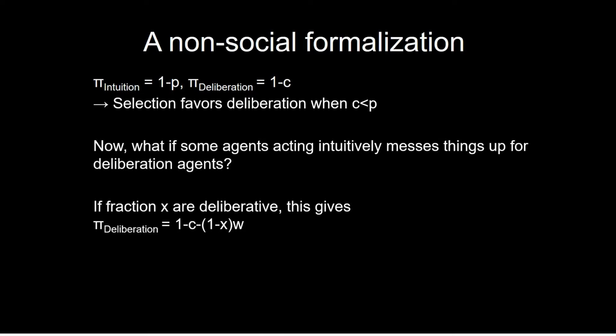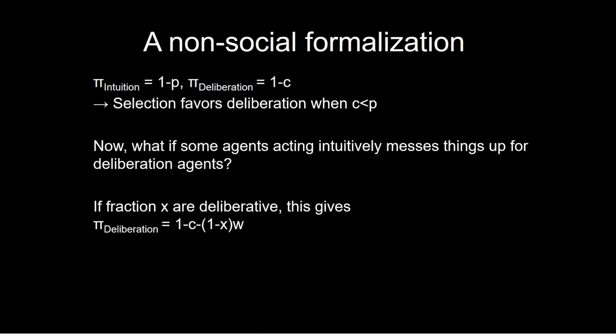So if we say the fraction x of the agents in the population are deliberative, then fraction 1 minus x are intuitive, and so w is just some parameter that parameterizes how much intuitive agents being around messes up things for deliberative agents. So if you have w equals 0, this term just goes away and you're back to what you have up here, and so the bigger w is, the more problematic for deliberative agents it is to have intuitive agents around.